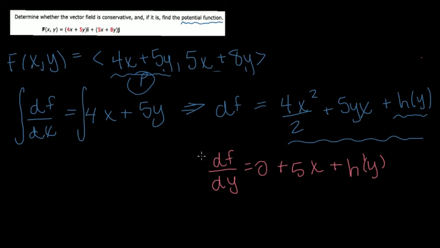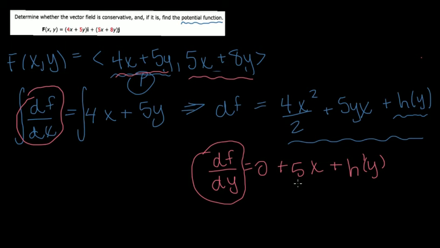So now this right here is similar to the form we had over here. We assign that the function with the derivative with respect to x is equal to here, and that means df over dy would have to be equal to this.